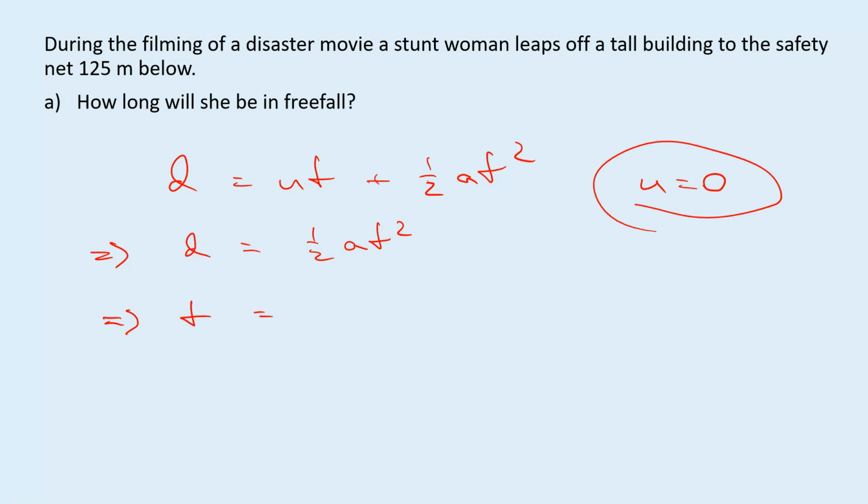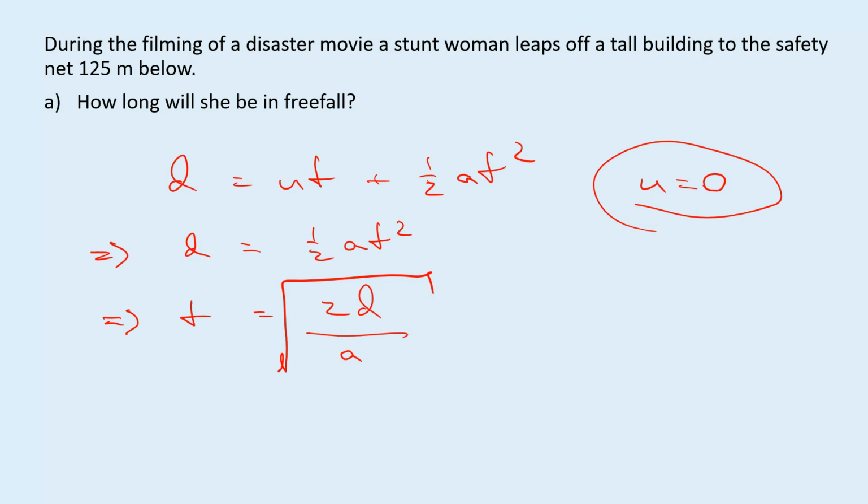So divide by 2 on the other side becomes a times by 2. The a multiplied by a, when the a is taken across the equal sign, it becomes divided by a. And of course, to get rid of the squared, we don't want t squared, we just want t. So we take the square root to get rid of t squared and just leave us at t.